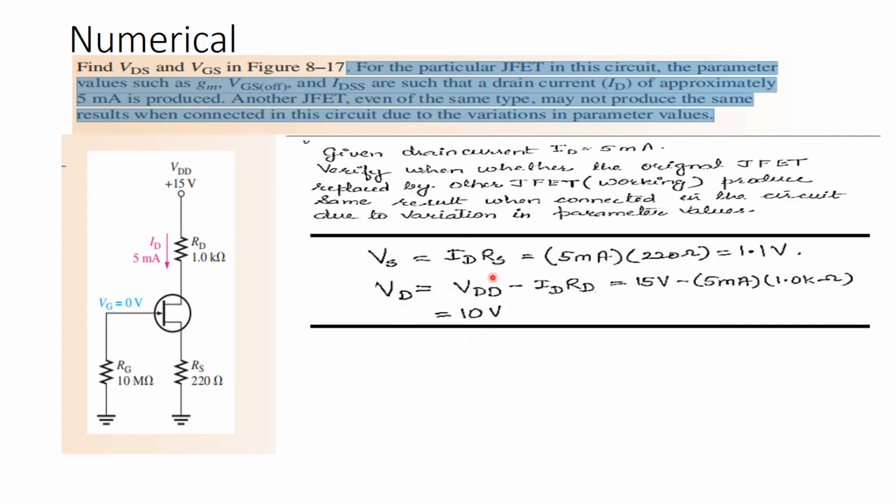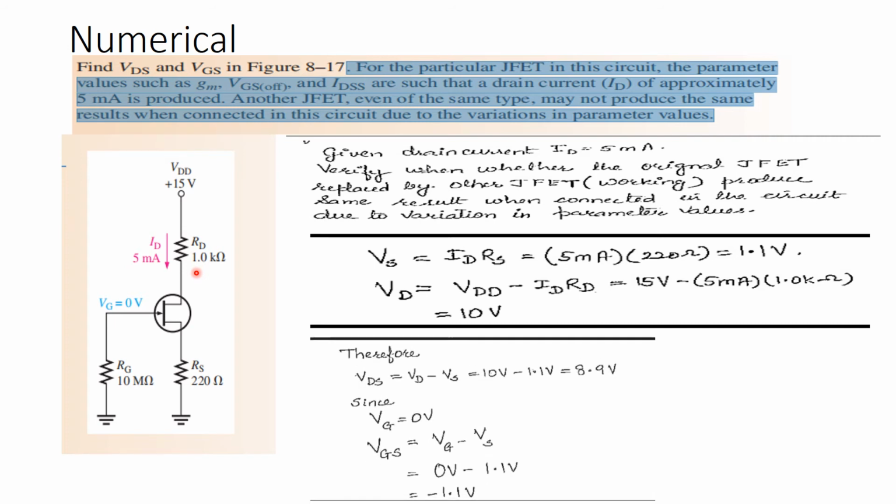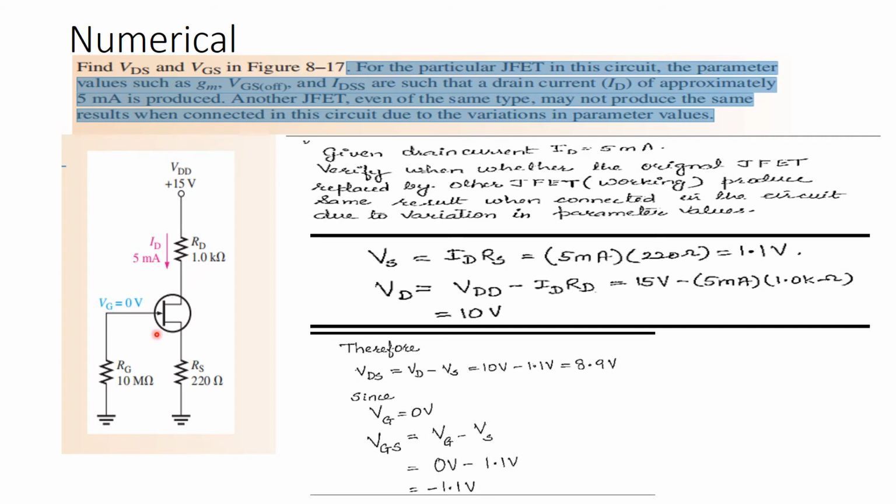So VS is equal to ID RS, which comes out to be 1.1 volt. VD is 10 volt. VD is with respect to ground. So VD is VDD minus ID RD. Then find out the drain to source voltage, which is equal to VDD minus VS, so 8.9 volts.